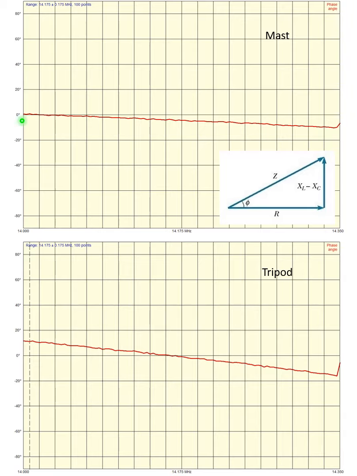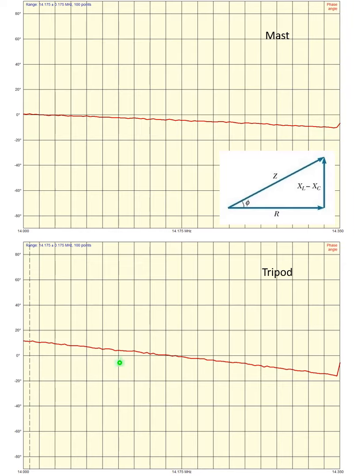If you recall from our studies on impedance and reactance, that's the point defined as resonance, where those two reactive values cancel out to 0. So this shows us where the resonant frequency is when it's up on the higher mast. Then as the frequency increases, the net reactance increases, but the phase angle stays pretty low through the whole band.